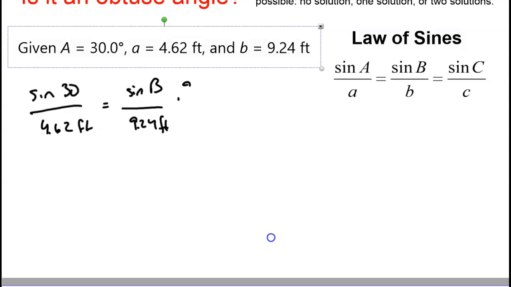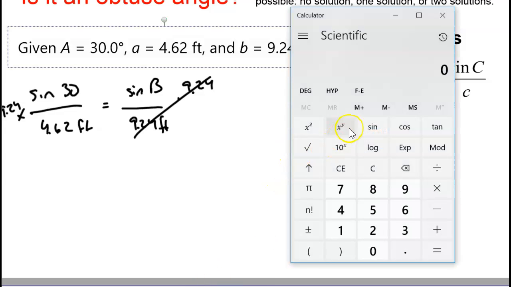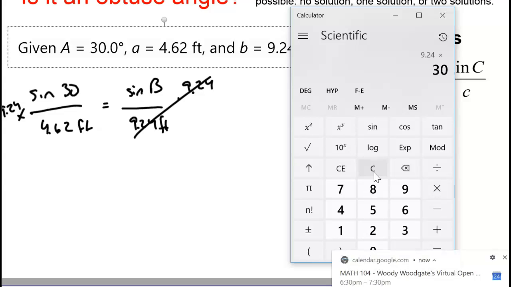Now that we've got that, we can figure this out. We'll multiply 9.24 by both sides, so 9.24 times the sine of 30, and then divide that by 4.62 feet.